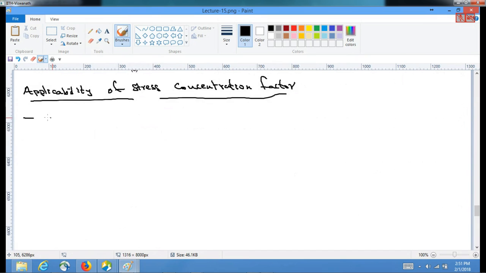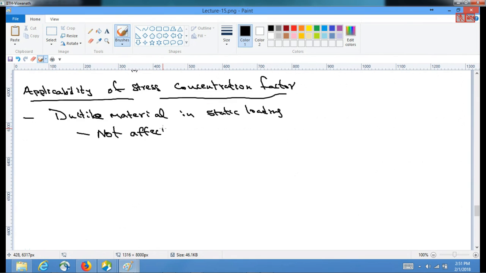So if it is a ductile material in static loading, then it is not really affected by stress concentration.